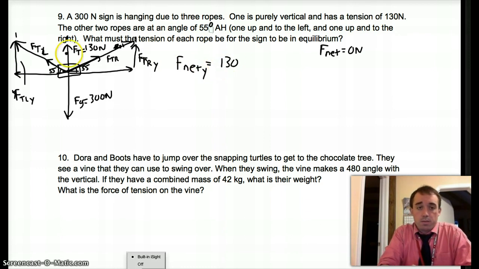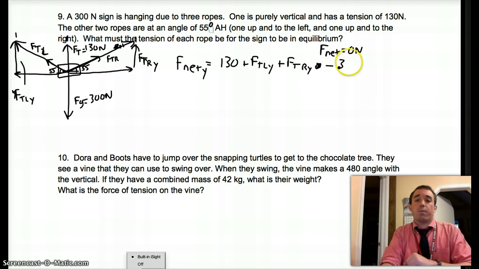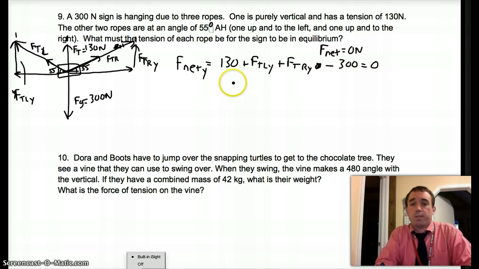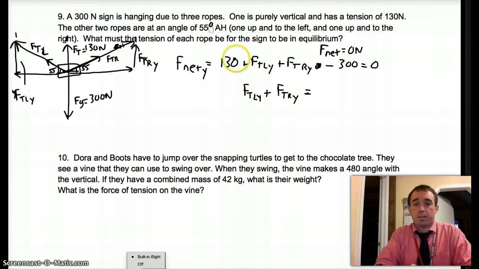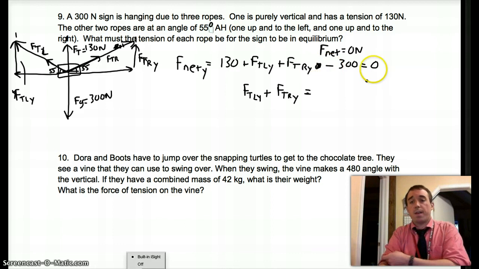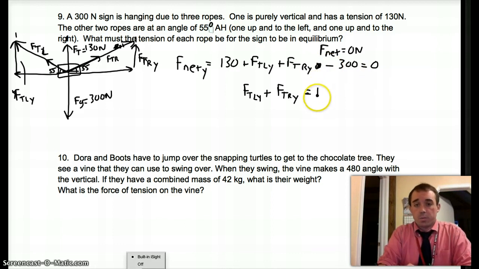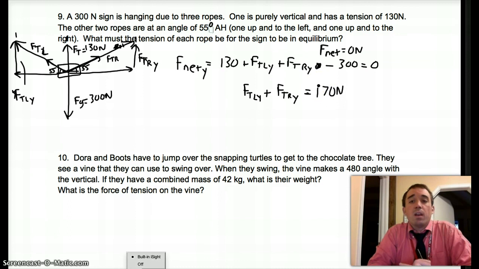So we have 130, which is the initial Ft, plus Ft Ly, plus Ft Ry, minus our down 300, all has to equal 0. So that tells us that Ft Ly plus Ft Ry has to equal, I sort of skipped a step, 300 minus 130, which is 170.